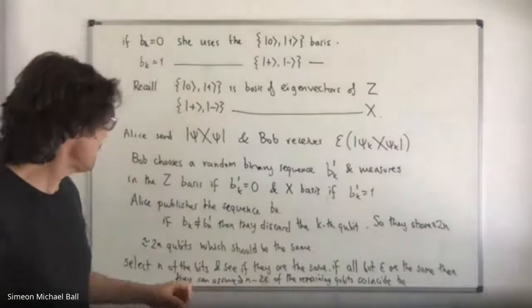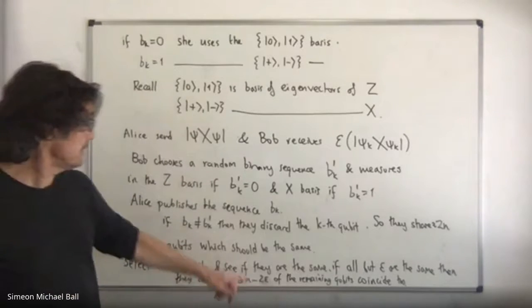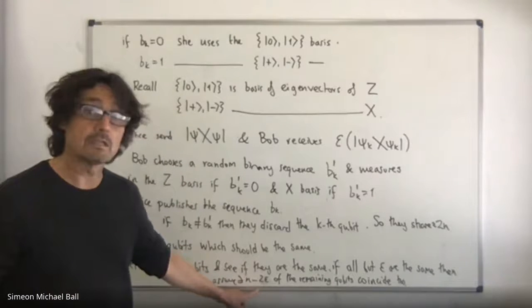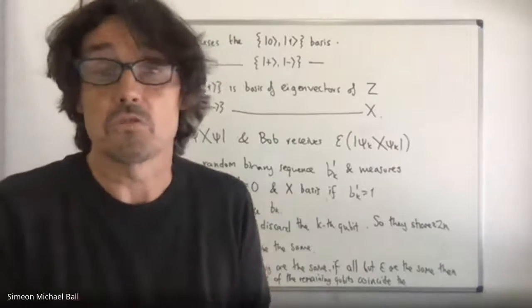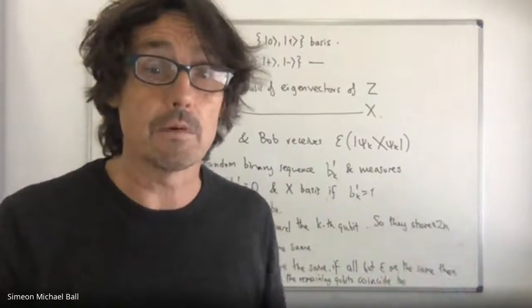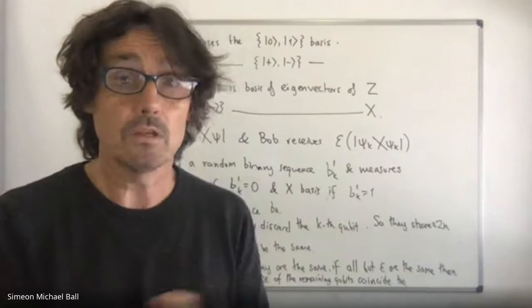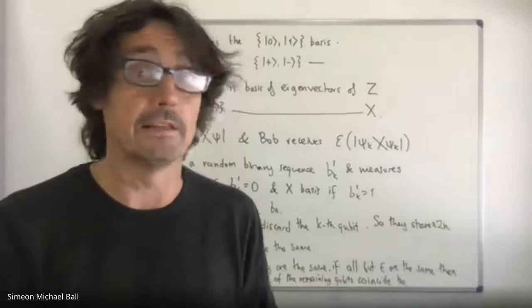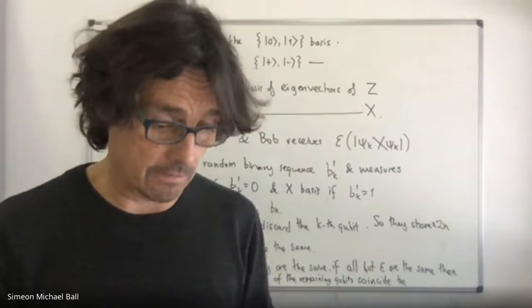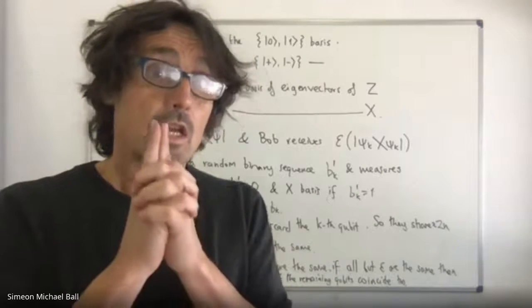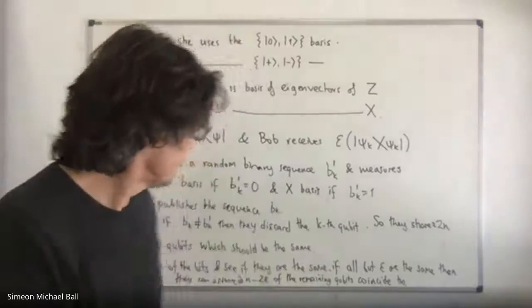So now what we have is a situation where, with these remaining qubits, both parties have exactly the same state. That could be a binary number, sorry, a binary string, and that could then be used as the key for whatever cryptosystem they want to use. Now, this epsilon, of course, is not ideal.